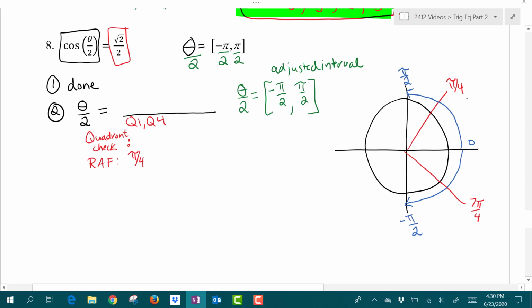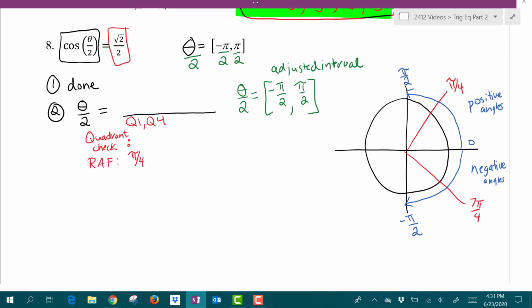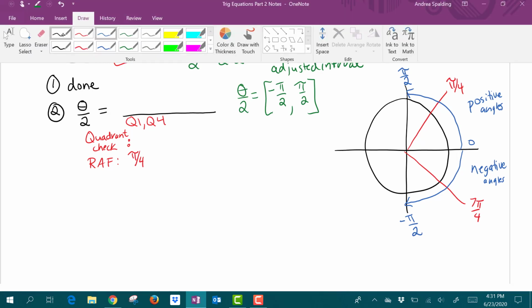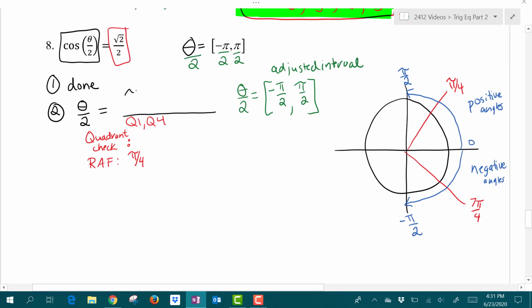So essentially we have to think about all the angles that come from quadrant 1 as being positive, but all the angles that come from quadrant 4 as being negative. So I'm going to say that pi over 4 is perfectly fine.